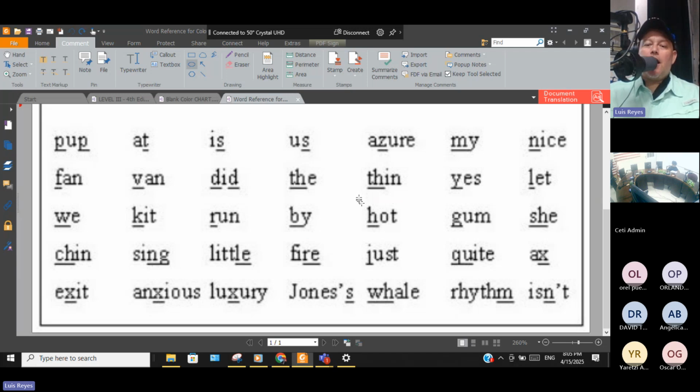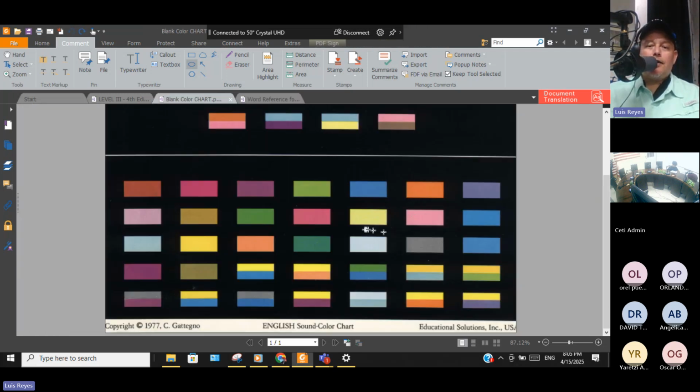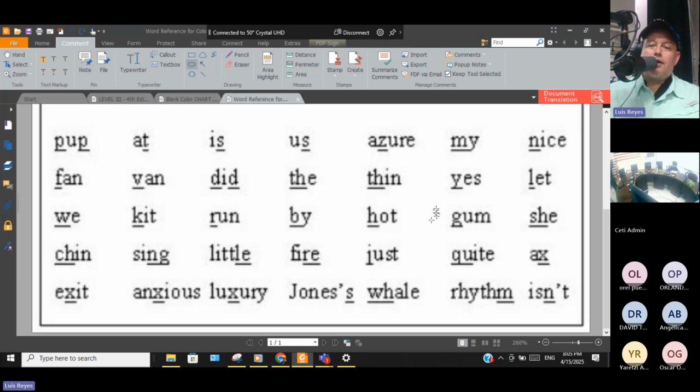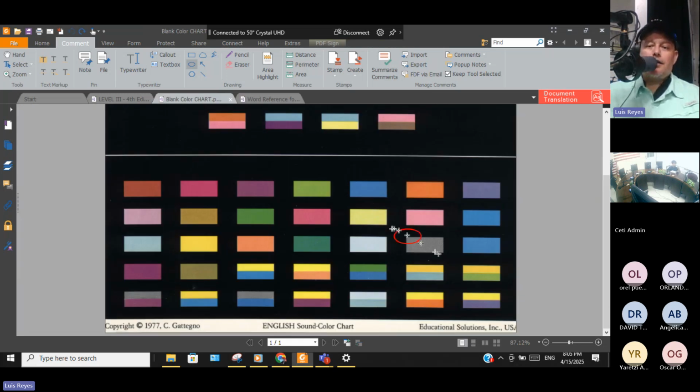Hot, H-O-T, on the color chart. Gum, G, G-U-M, G on the color chart.